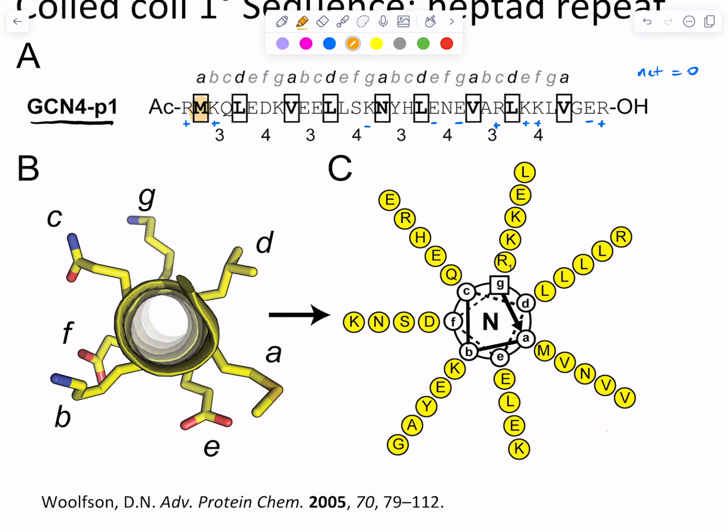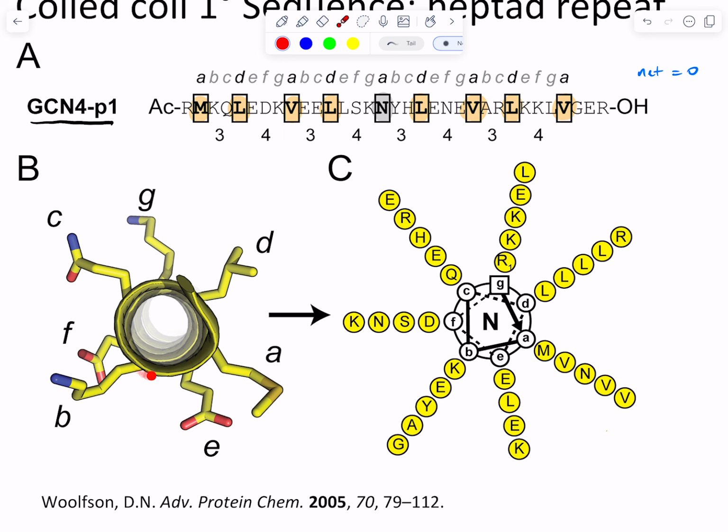The nonpolar residues at A and D positions, I'm highlighting in orange. We're going to put that weird asparagine that sort of breaks the pattern in gray. And then for now, I'm not going to highlight the charged amino acids, though we'll do that again in a little bit.